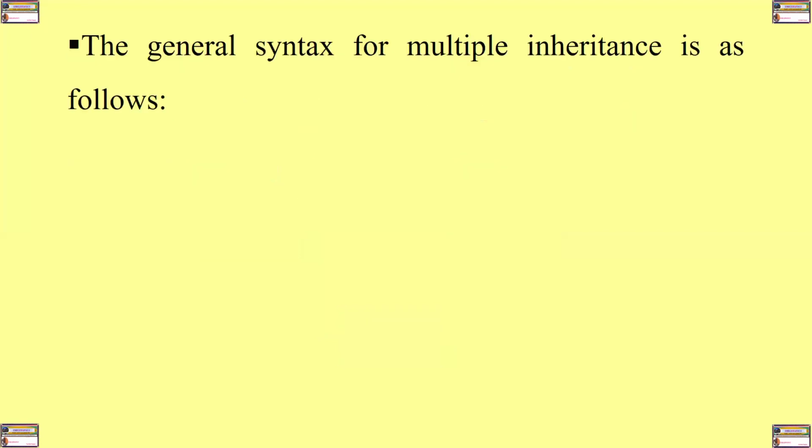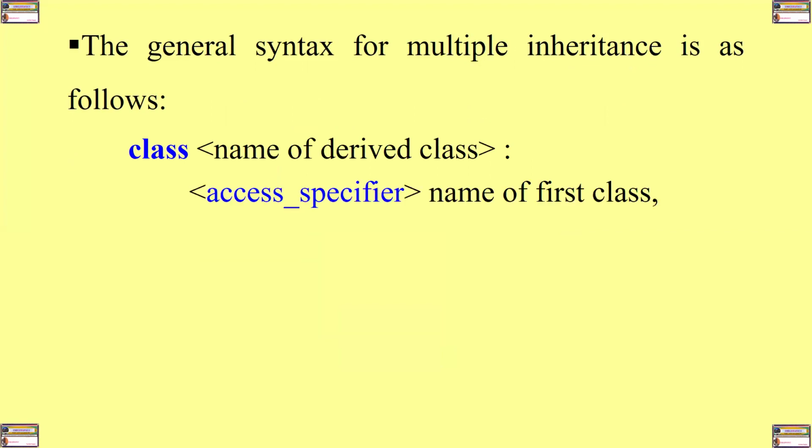The general syntax, therefore, for multiple inheritance is as follows. We have the class reserved word, followed by the name of the derived class. We have a colon, and then we list the classes from which our derived class will inherit. So we list the base classes.